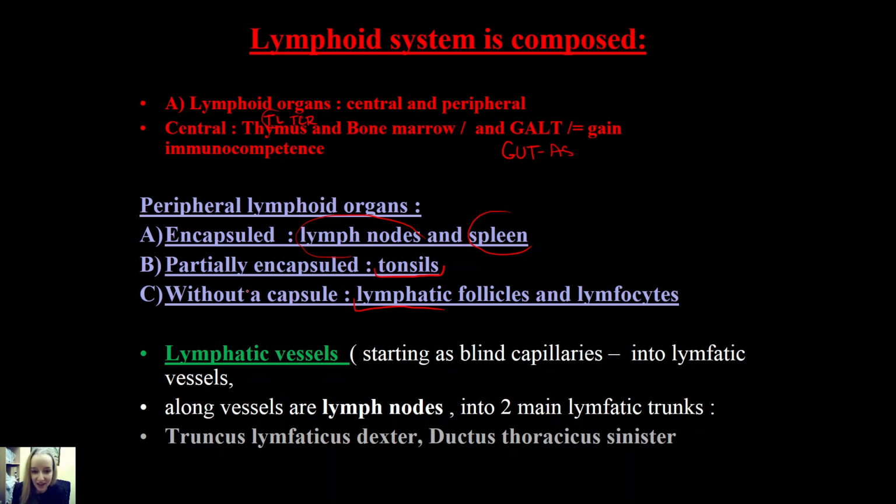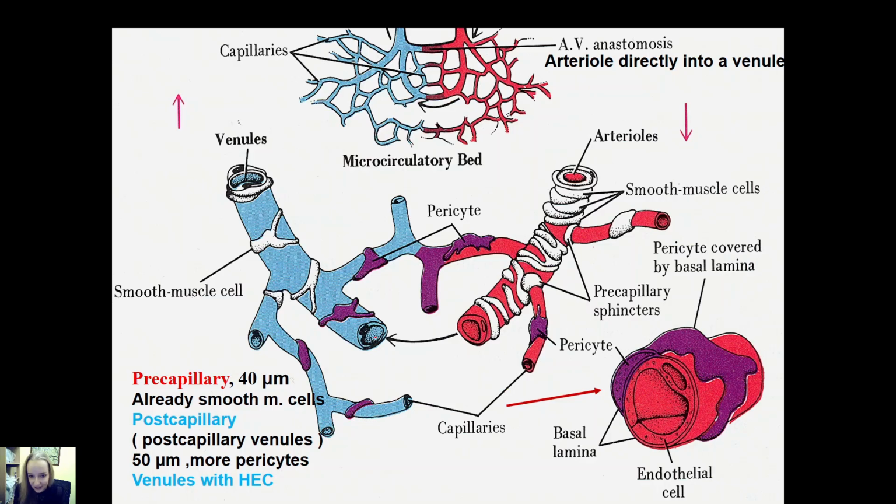Okay. Then lymphatic vessels are also part of lymphoid system. They start as blind capillaries and they merge into lymphatic vessels. What's really happening is that arterioles branch into smaller and smaller vessels, and then we have capillaries.